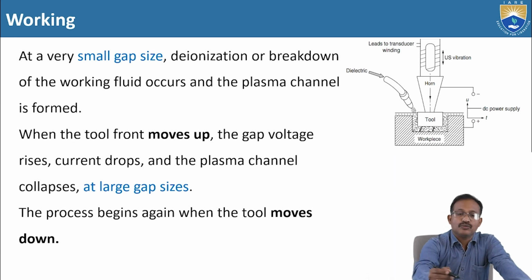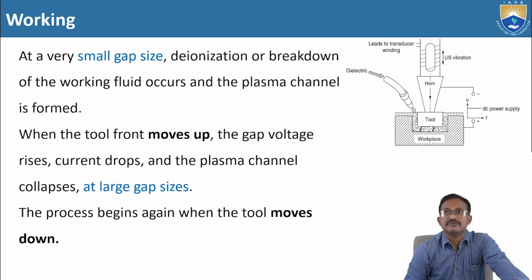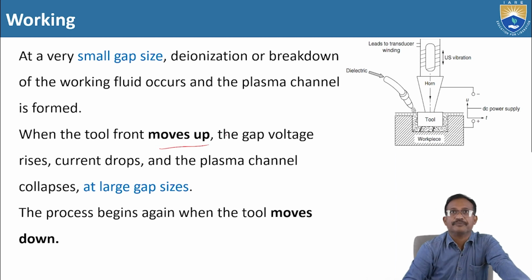When the gap size is very small, that means when it comes down. When it goes up, the gap size will be increasing, that means at large gap size, that is when it moves up.